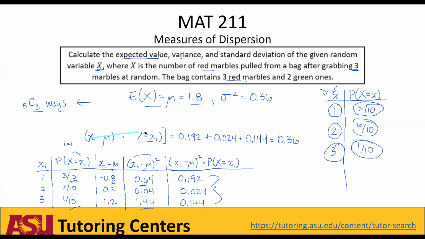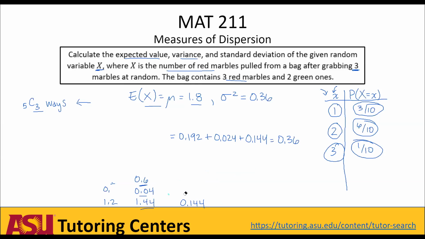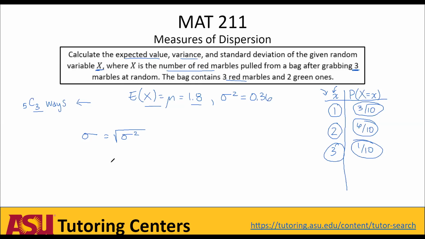So let's erase this table, make ourselves some room. The last thing we want to calculate is the standard deviation of our random variable x. So the standard deviation, which we term sigma, is simply the square root of our variance, sigma squared.